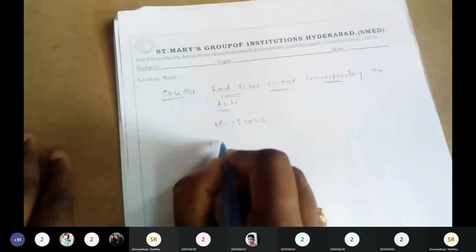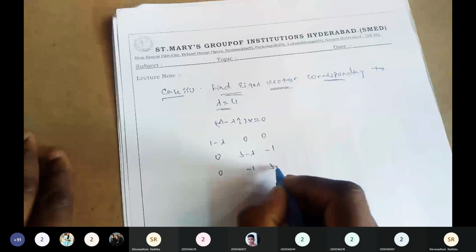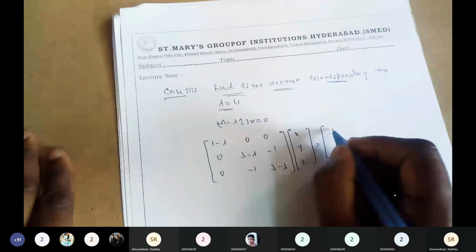Then I'm going to write the matrix here: 1 minus lambda, 0, 0; 0, 3 minus lambda, minus 1; 0, minus 1, 3 minus lambda, into x, y, z, which equals zeros.